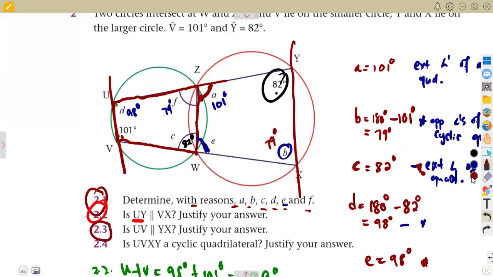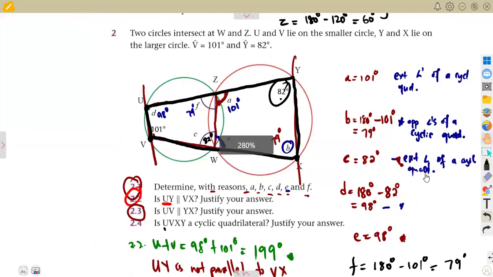So it's a question again: is the whole of this quadrilateral from U to V to X to Y a cyclic quadrilateral? What is it that you can use to tell that it is a cyclic quadrilateral?